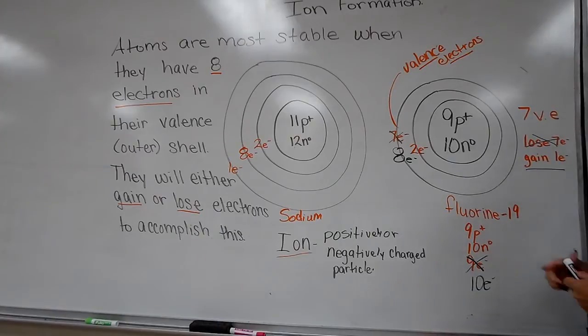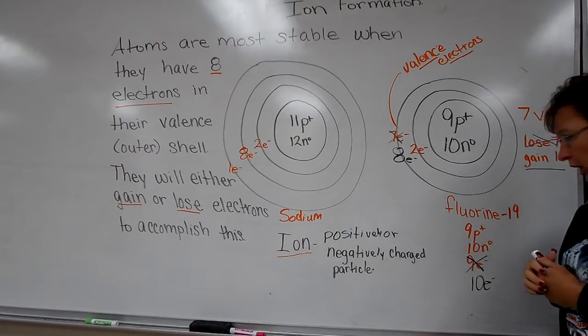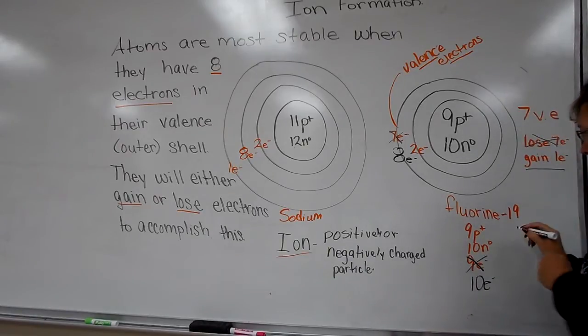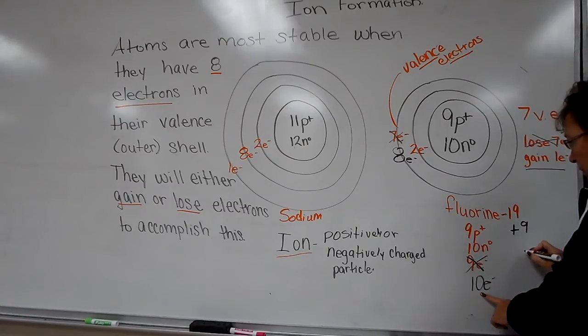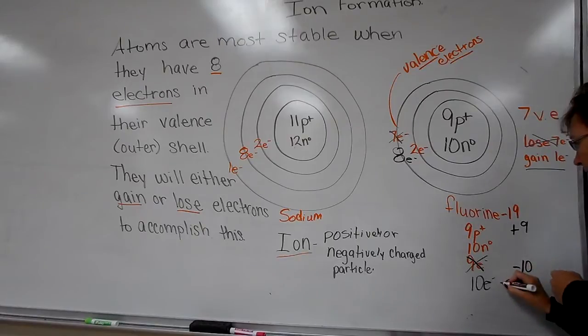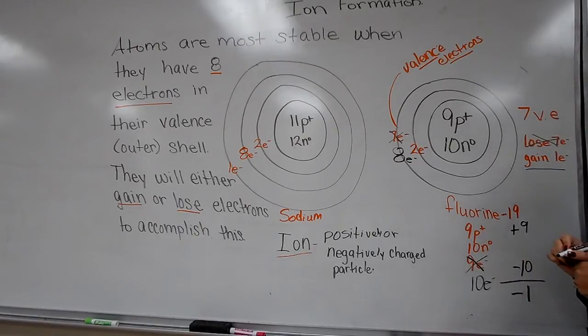So what's happened is our balance of charge has changed. This is something we've got to think about. We've got plus 9, but we've got 10 electrons, so we've got minus 10 for an overall -1 charge.